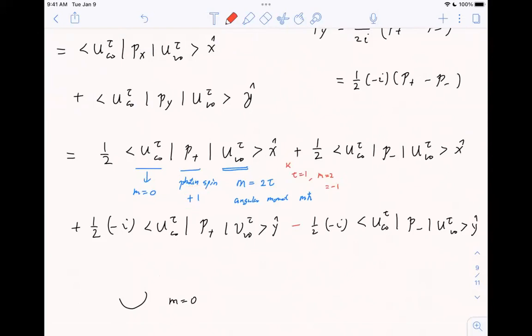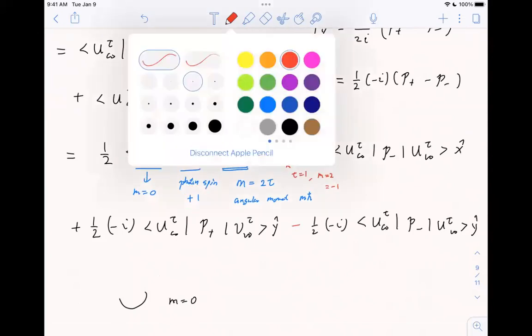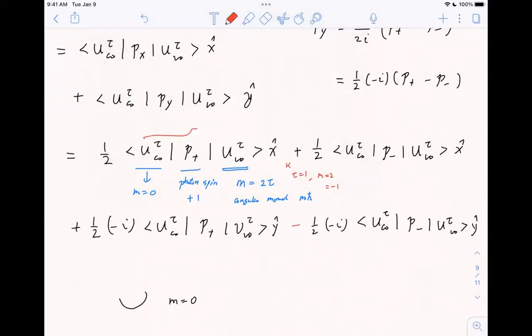So this term will be finite for tau equal to plus 1, and will be 0 for tau equal to negative 1.